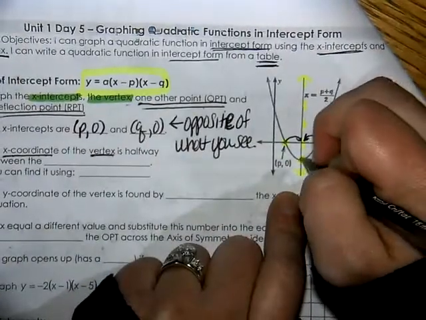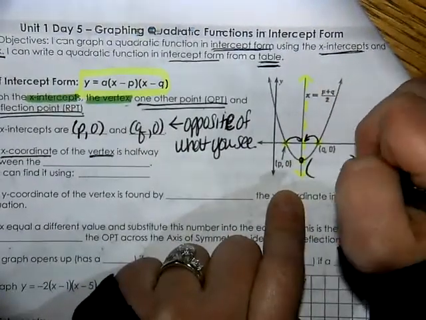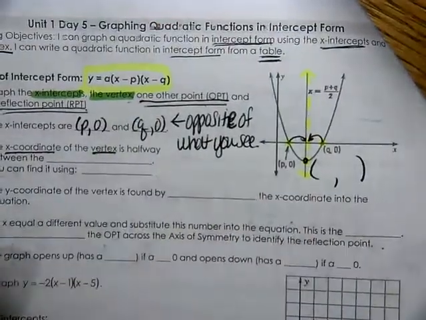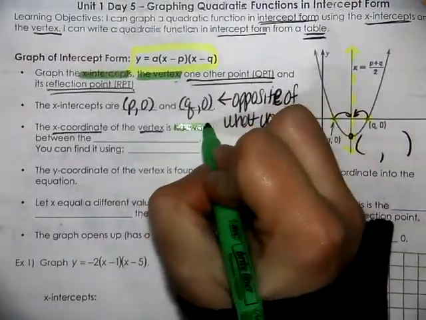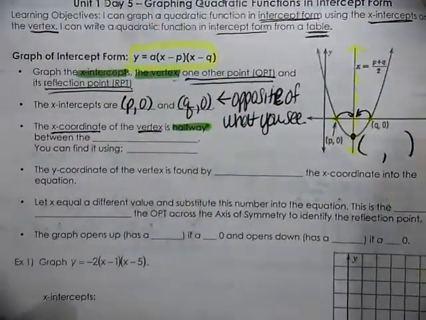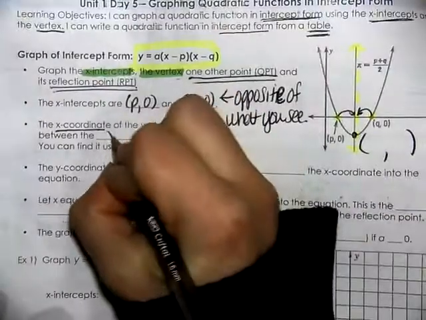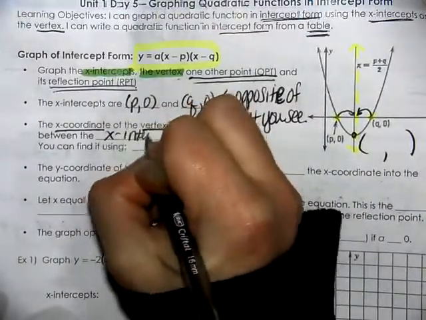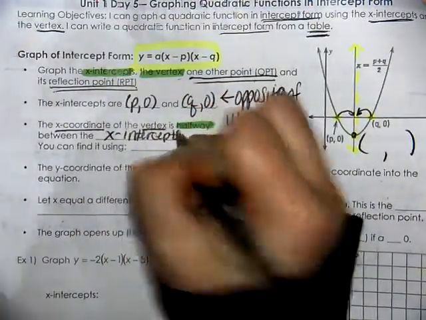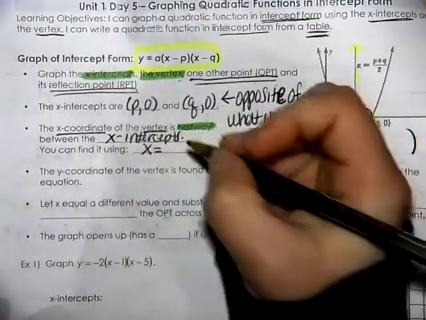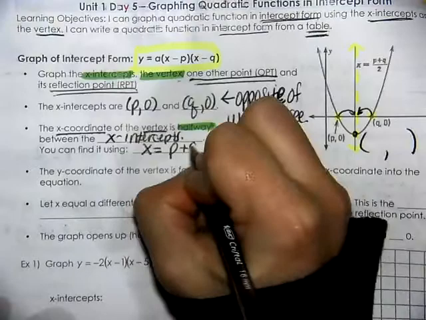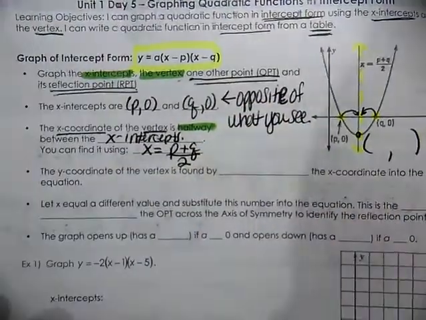Remember that our axis of symmetry comes from the x part of our vertex. Because it is halfway between the x-intercepts, you can find it by using x is equal to p plus q divided by 2.